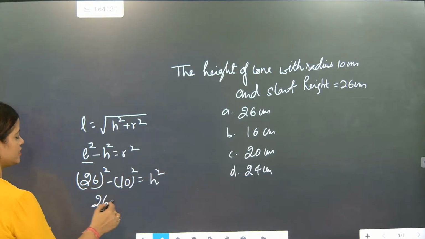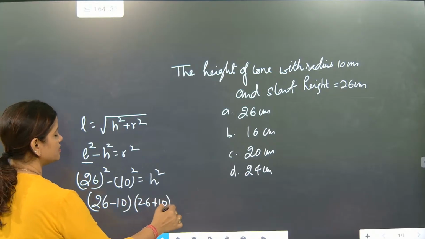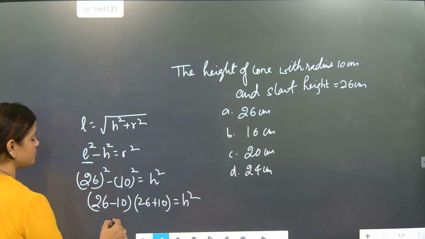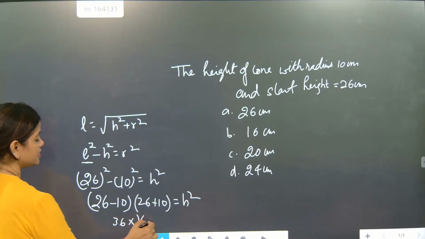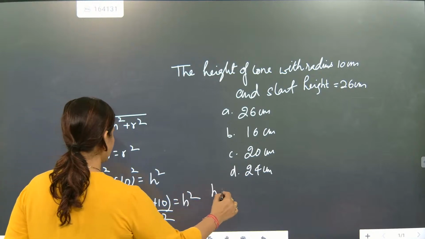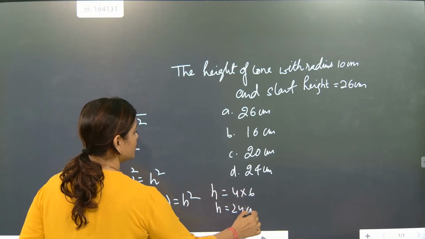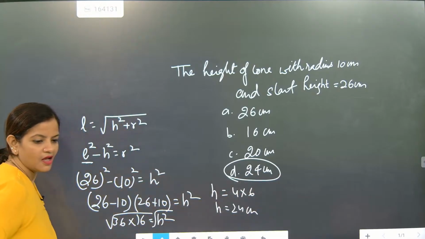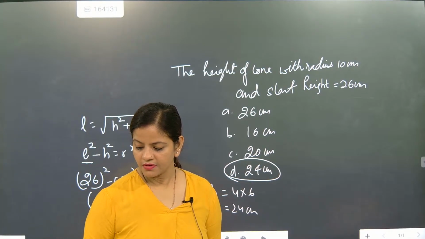So here you see, 26 minus 10 and 26 plus 10 is equal to h square. 26 plus 10 is 36, 26 minus 10 is 16, equal to h square. Take root, then height is equal to 4 into 6, so 24 centimeters.